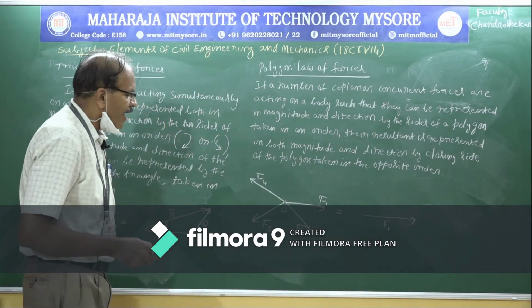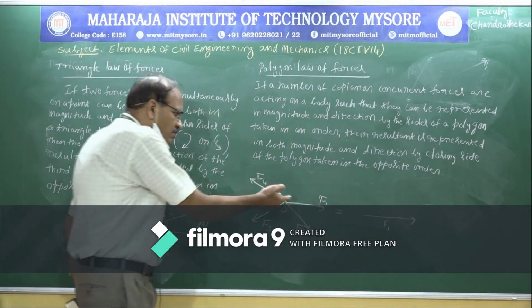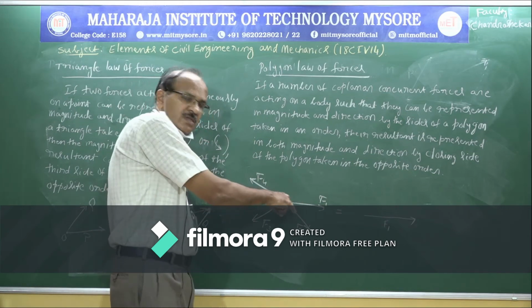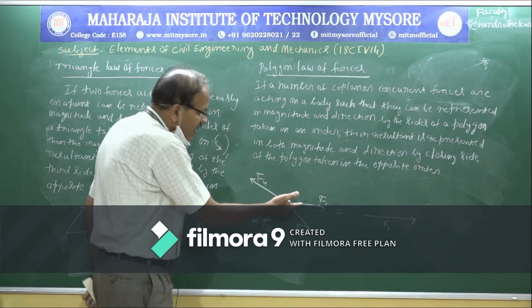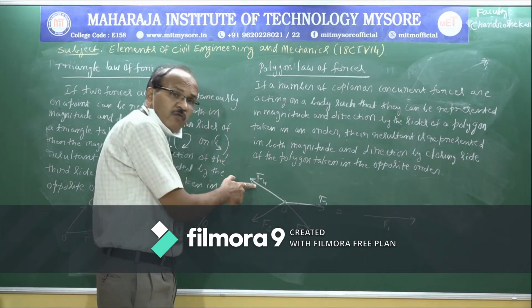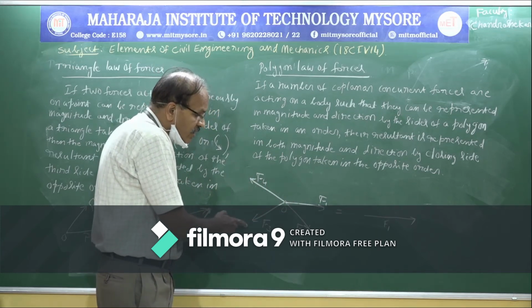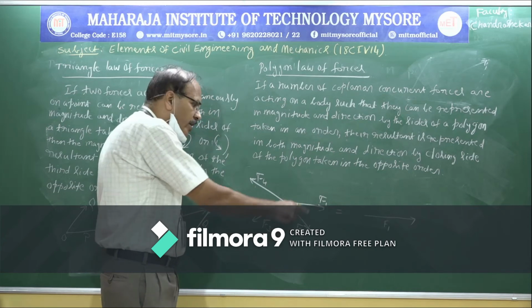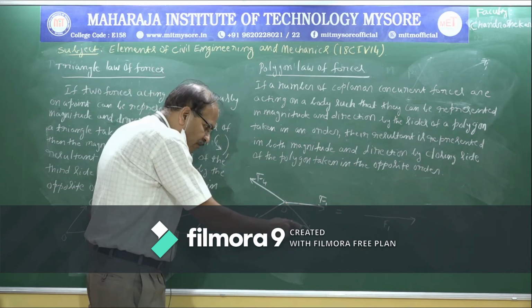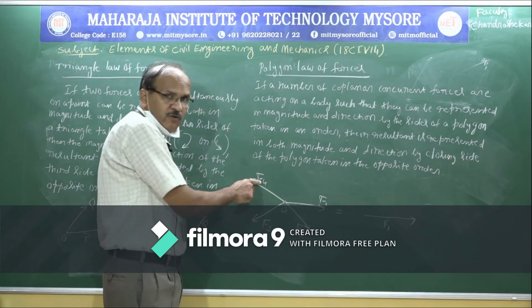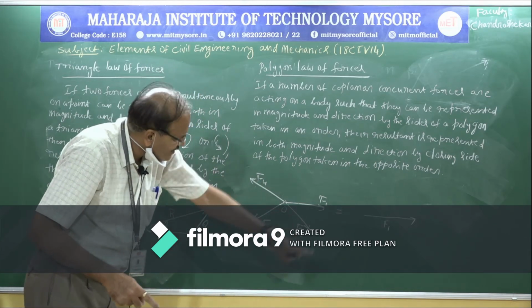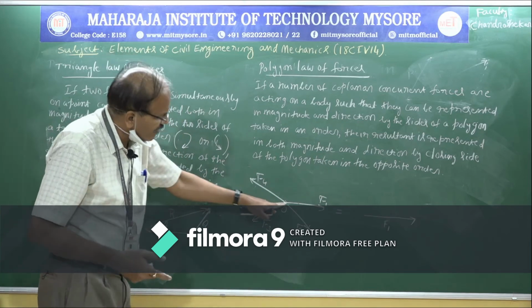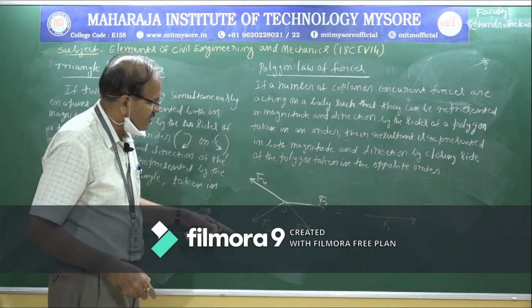Next, I can come F4 anti-clockwise, or I can come clockwise. What it means is, next I can go with F4 force, F3 force, F2 force, or I can come like this, F2 force, F3 force, F4 force. Now I am going in the clockwise direction, so I go with F2 force next.